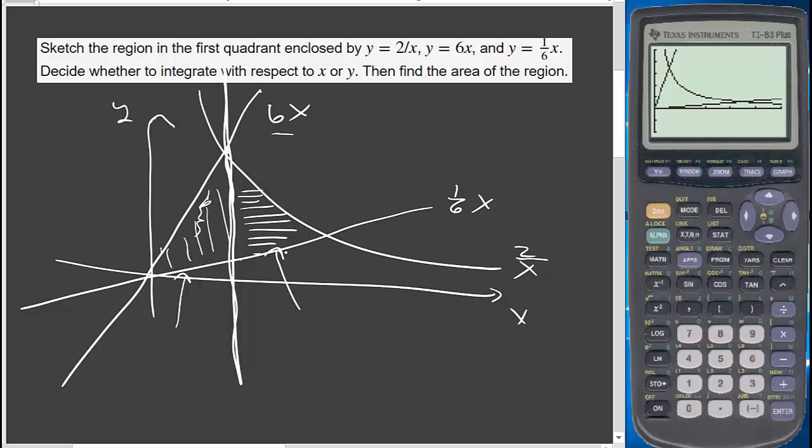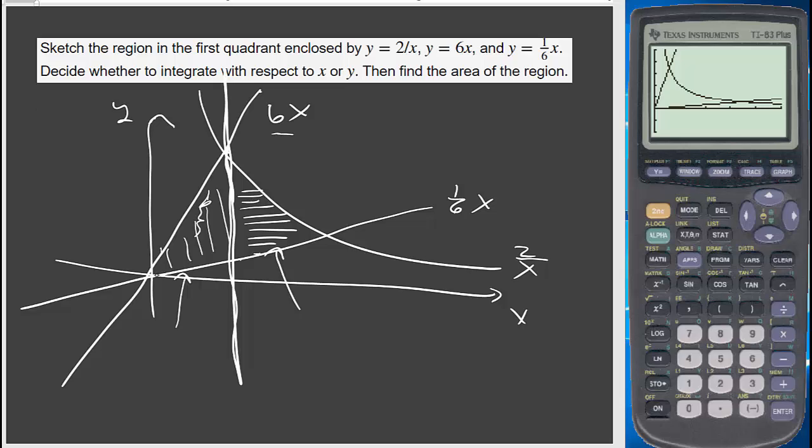And then after this, in the second part, we have 2 over x as the top function and 1/6 x as the bottom function. And if we were to do this with respect to y, we would still have two separate regions that we need to integrate. So we decide to integrate with respect to x, since all of the functions are given to us with respect to x.